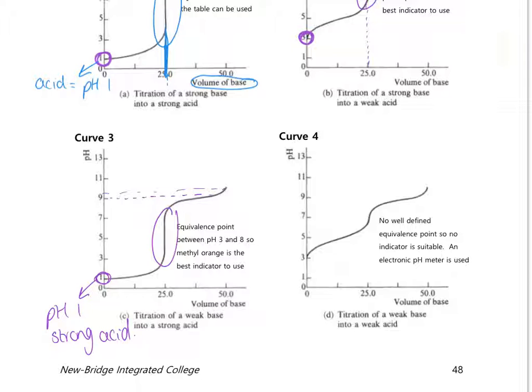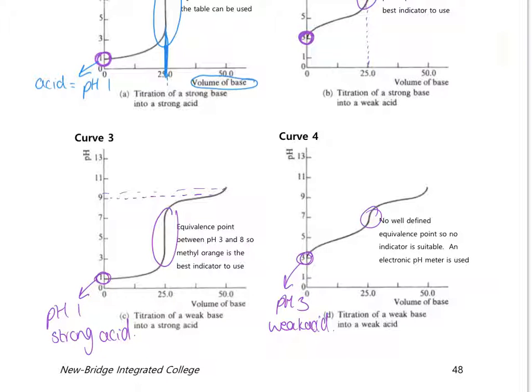Okay, and then finally curve 4 is where we start at pH 3, so this is a weak acid. Okay, and what do you notice about the equivalence point? It's small, and there's no actual completely straight bit of it.